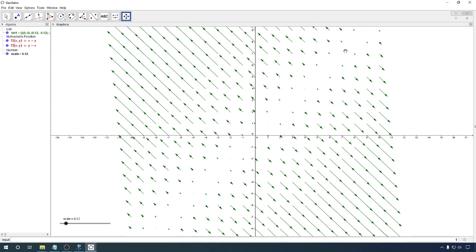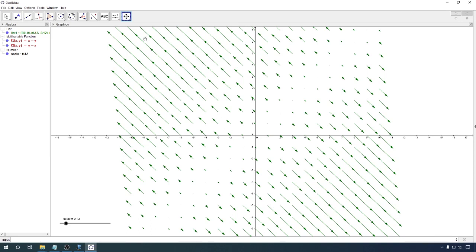That's because what we're graphing there is a vector with 0 magnitude, because if x equals y, both of these turn out to be 0. So technically we have a lot of small vectors in the middle, but then as we move away from that line, we get longer and longer vectors. Now recall that what the gradient means for a function is that it always points in the direction of the greatest change, and the magnitude of that vector is how much it is changing.